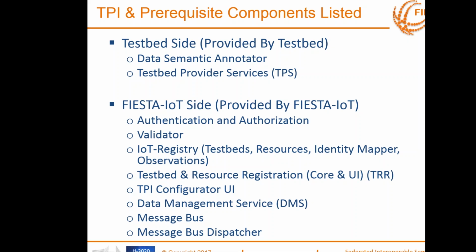So we have, first and most important, the data semantic annotator, where you need to map your data with the FIESTA IoT ontology that was presented before by Rachid. Then we have the testbed provider services, where you need to implement a service that is going to be consumed by the FIESTA platform in order to retrieve your annotated measurements.